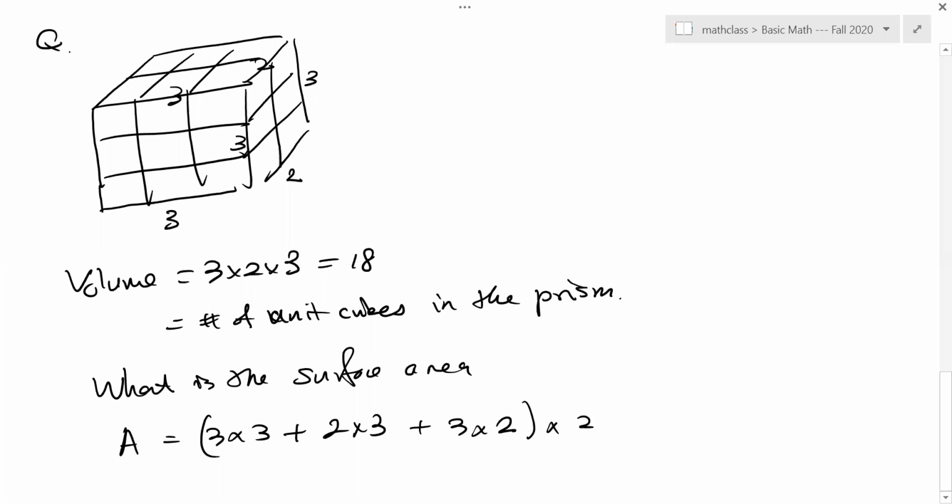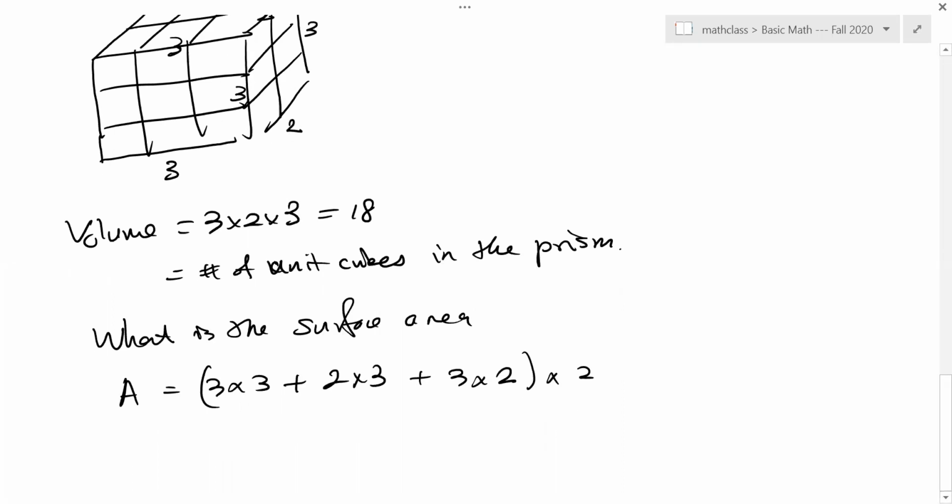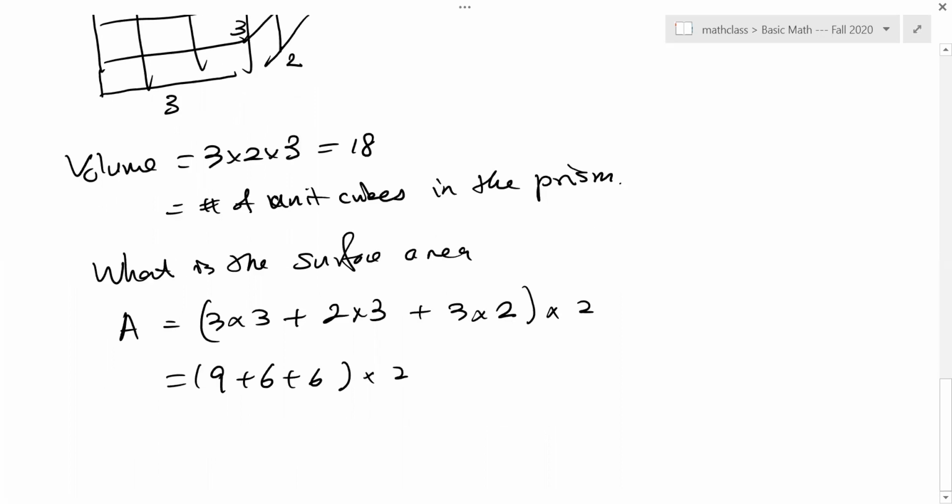Okay, so that is the surface area of the box. Let's add them together. It's 9, 6 times 2, and 21 times 2.